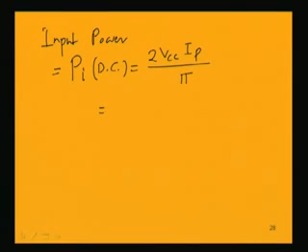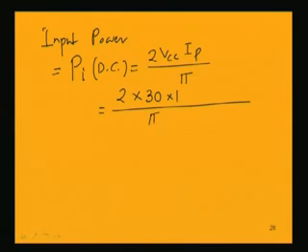So, we substitute these values. VCC is equal to 30 volt, and the peak value of the current which flows in the circuit is given as 1 ampere.